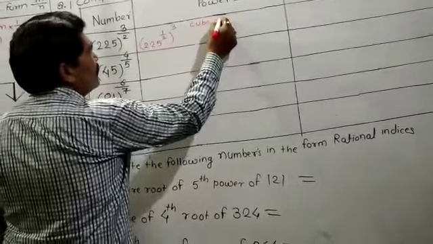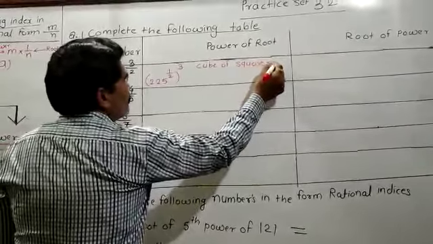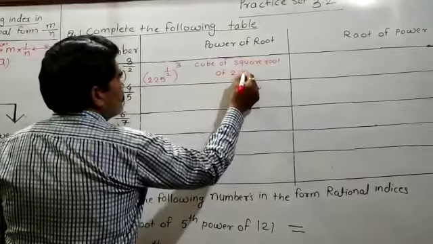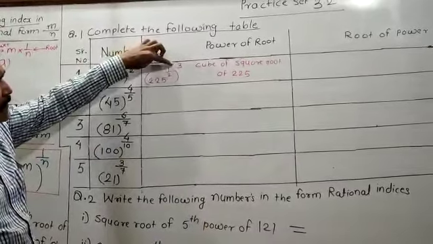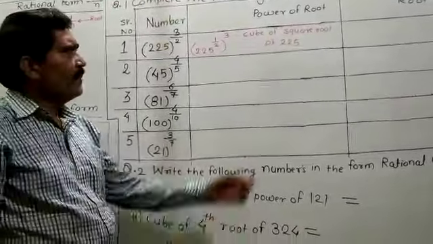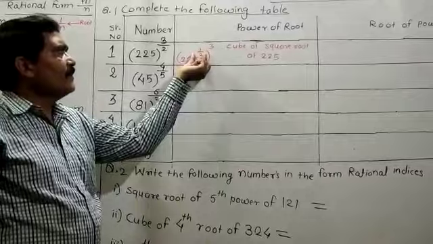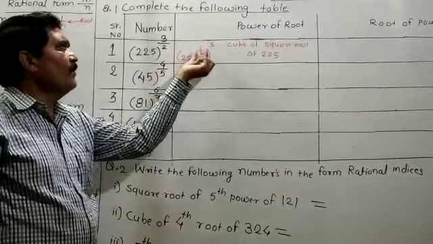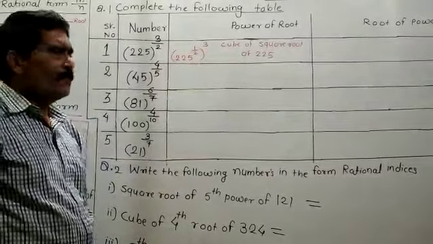Cube of square root of 225. Cube of, or third power of, square root of 225. Otherwise, how will you write? Third power of square root of 225 or cube of square root of 225. Everybody understand?